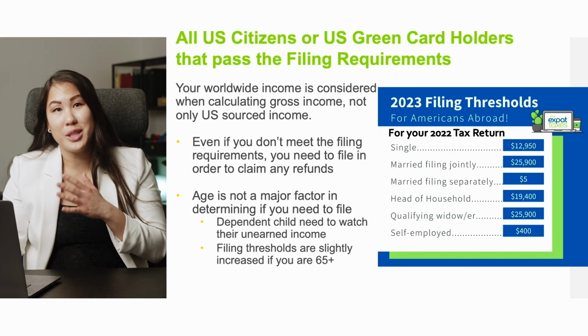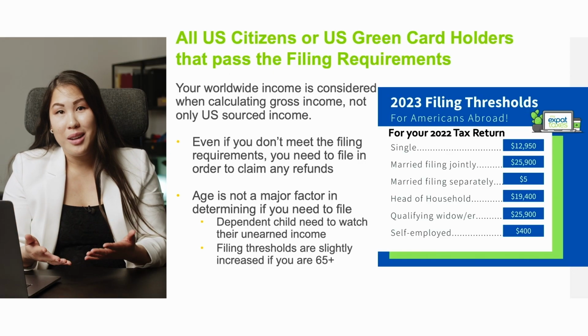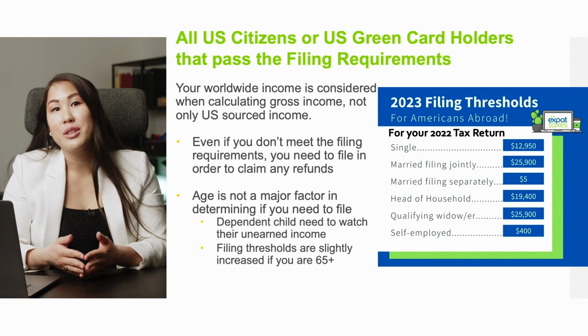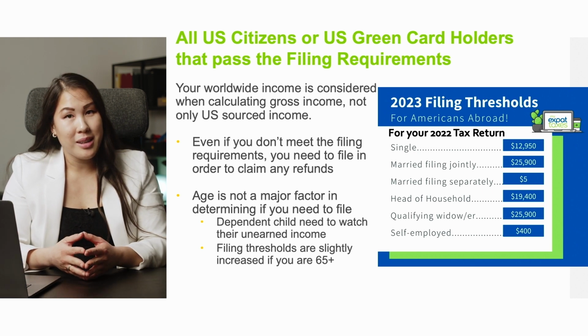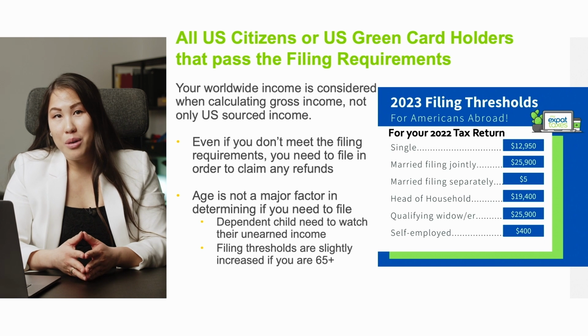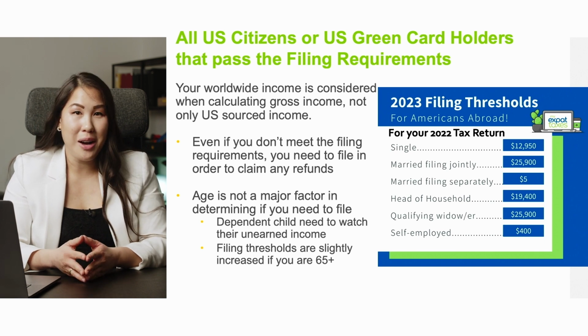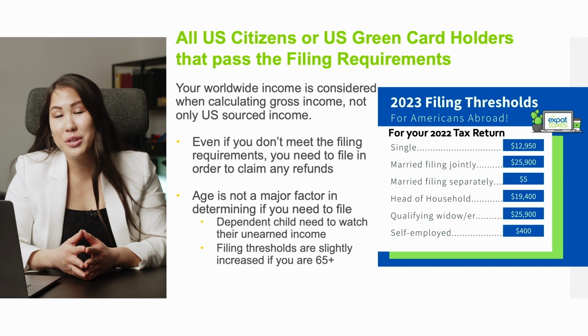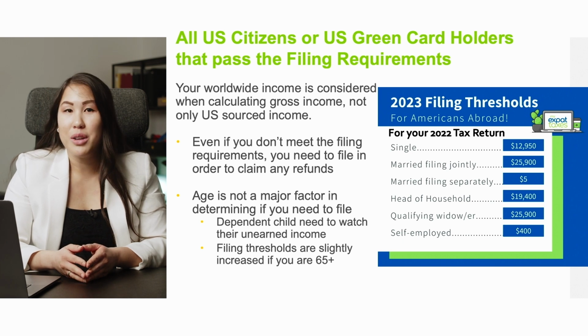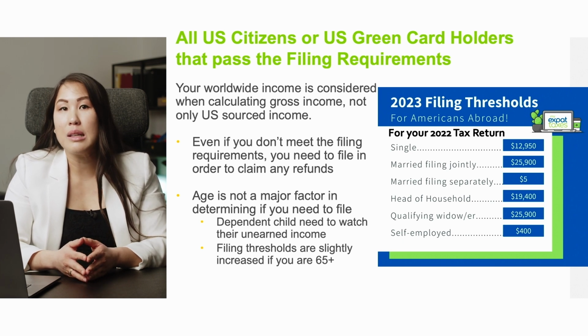Keep in mind, you're combining the gross amounts, so basically all income before any deductions or taxes paid. If that worldwide gross amount is larger than the filing thresholds you see on the screen, you need to file a US tax return. So again, if you're a US citizen or a US green card holder, and your worldwide gross income is over the filing threshold you see on the screen, you need to file a US tax return. You're legally obligated to do so.